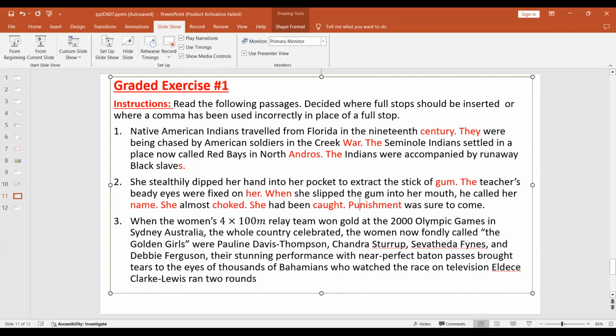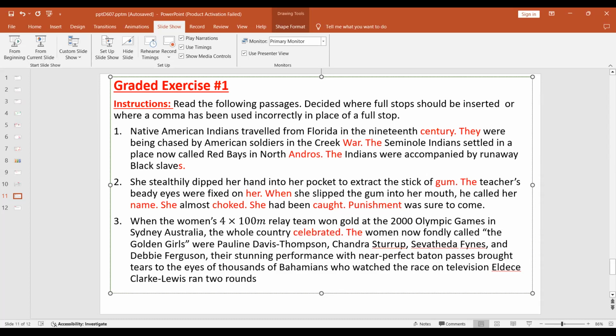So do you remove this comma or do you keep it? I keep the comma and I just add a full stop after "celebrated". Very good. Anyone else did that? Yes, also good.